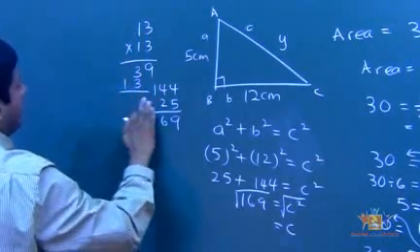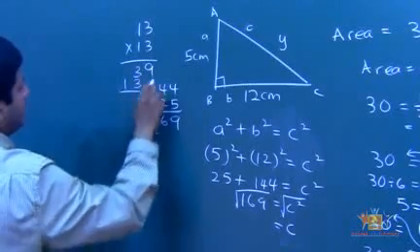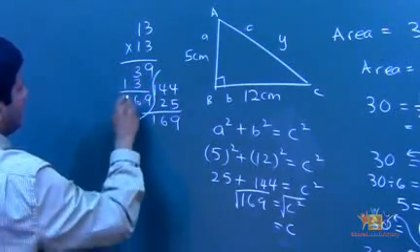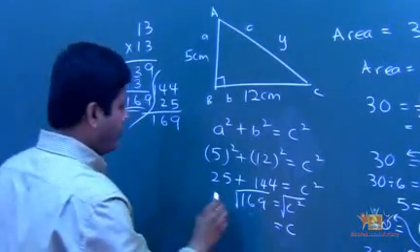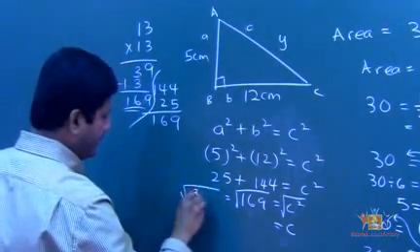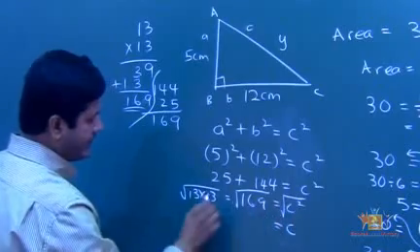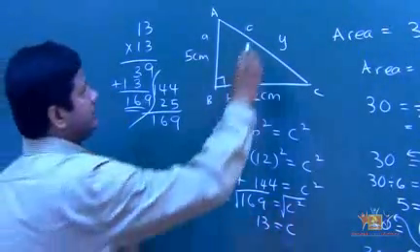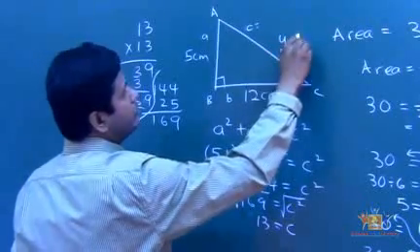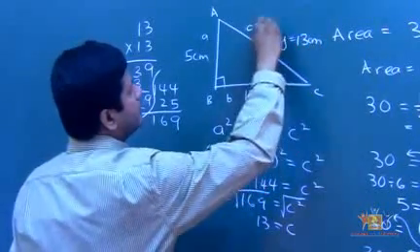Now I'm going to add them. 9. 3 plus 3 is 6. And then 1 right there. 169. That means 13 times 13 is 169. When I square root it, I only need 13. So that means C is 13 centimeters.